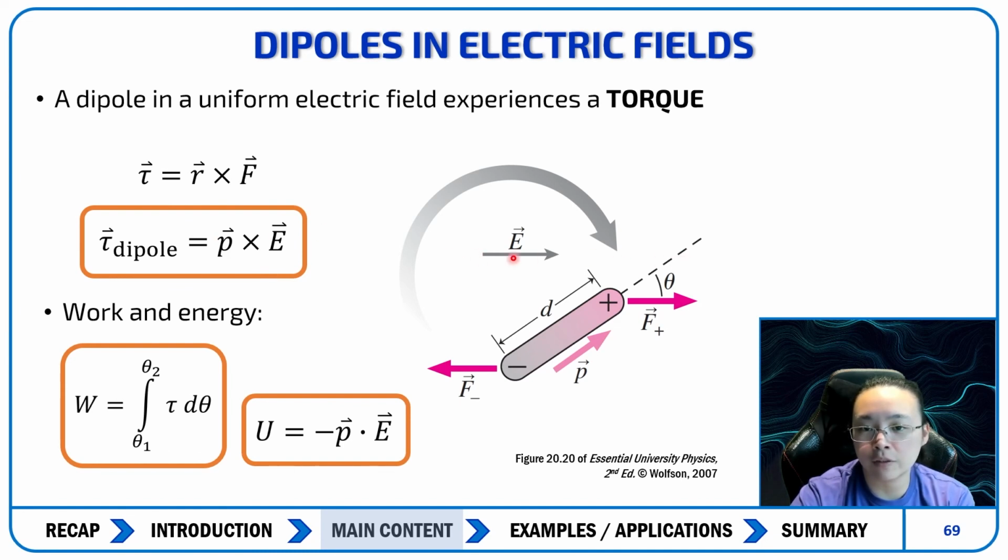The electric field has a certain direction, the dipole moment has a certain direction, and therefore these two will give you the torque. There's also work and energy involved, and so if you are interested in doing any calculations with dipoles and electric fields, these would be the three equations to use.